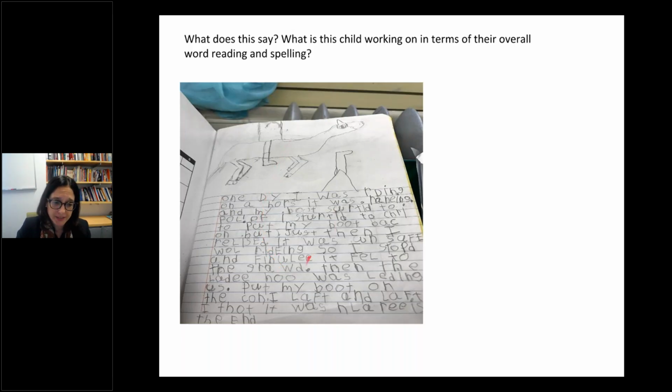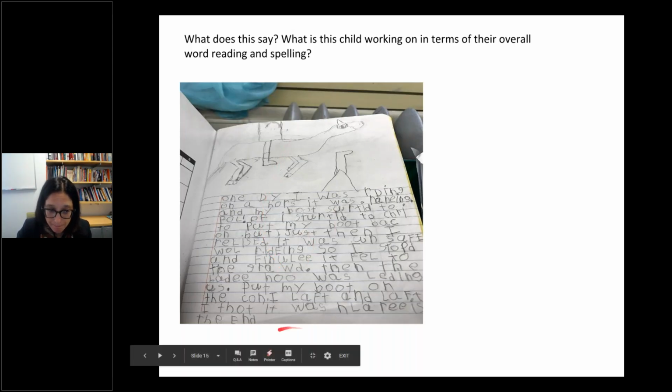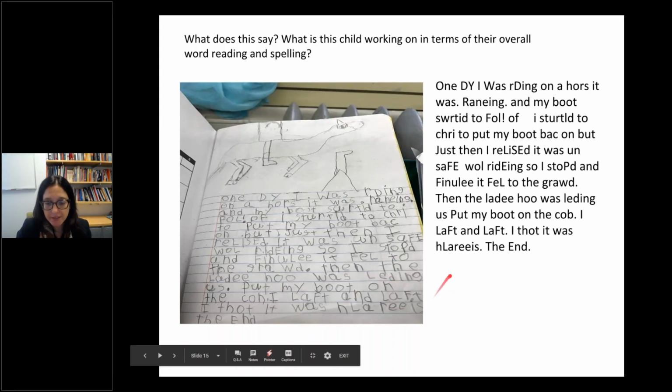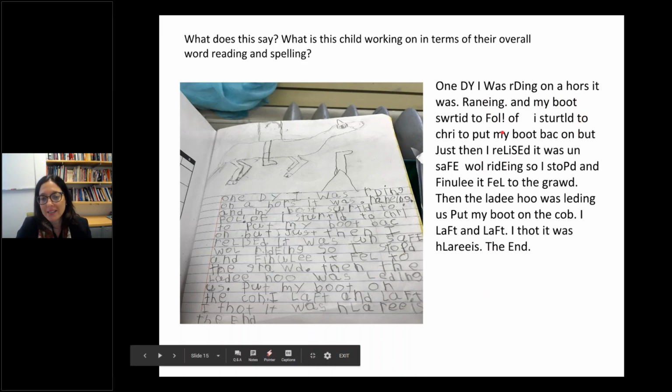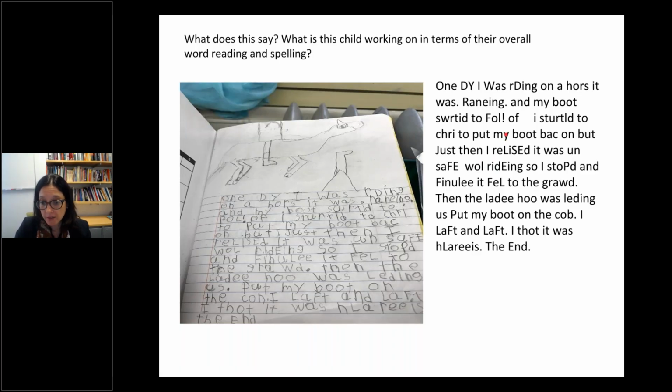This is from a child in early 2nd grade. And it's a little visually hard to read, so I've translated it here for you. So try to read it, and while you're trying to read it, try to figure out where you would start maybe with phonics instruction with this child.